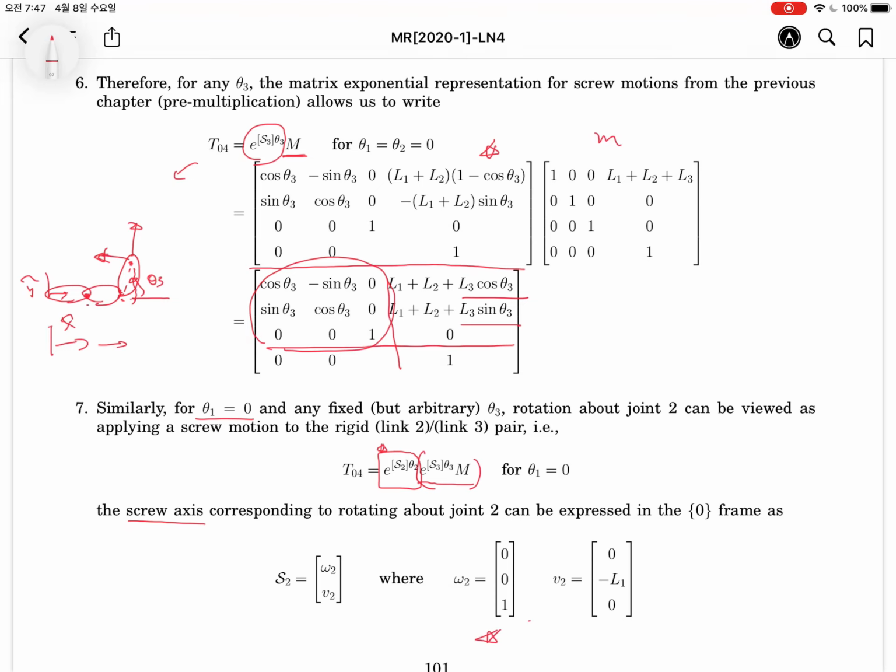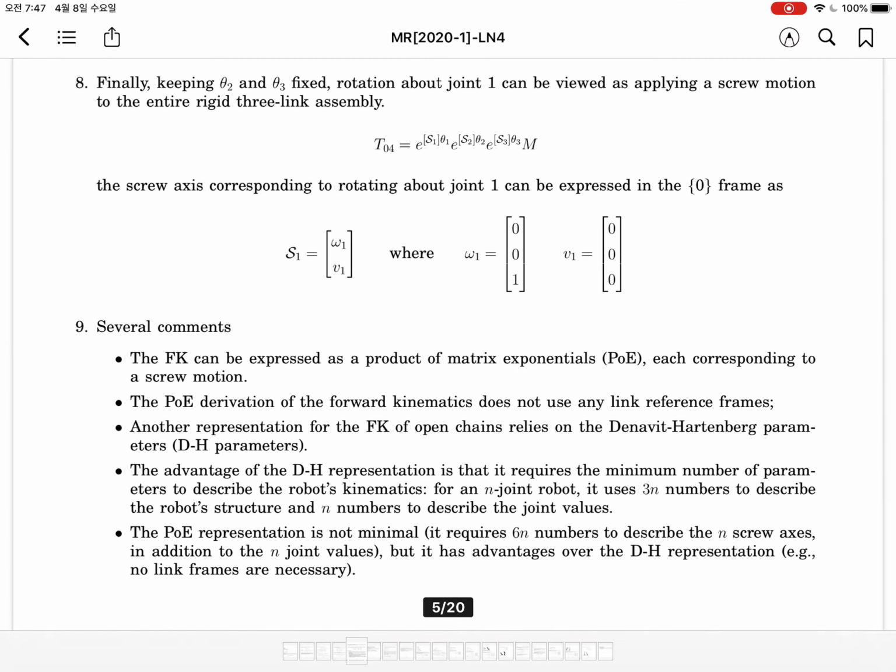The omega is the same. This kind of omega 2 at that time, minus y direction linear velocity will appear in the origin of the base coordinate, so we can get it.